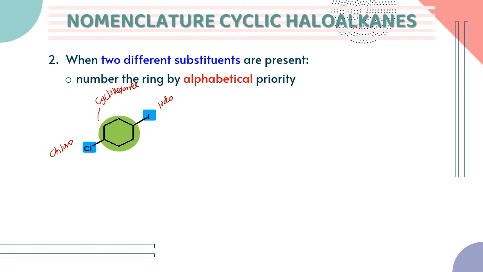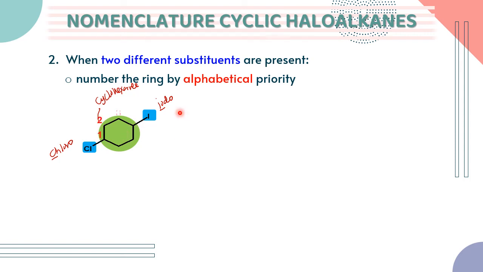Which substituent will be carbon number 1? Since C came first and then I, that particular carbon over here will be given number 1. When numbering this, either you go clockwise or anticlockwise. Choose the lowest possible number. For this one, if we go clockwise or anticlockwise, we will still get the same combination.